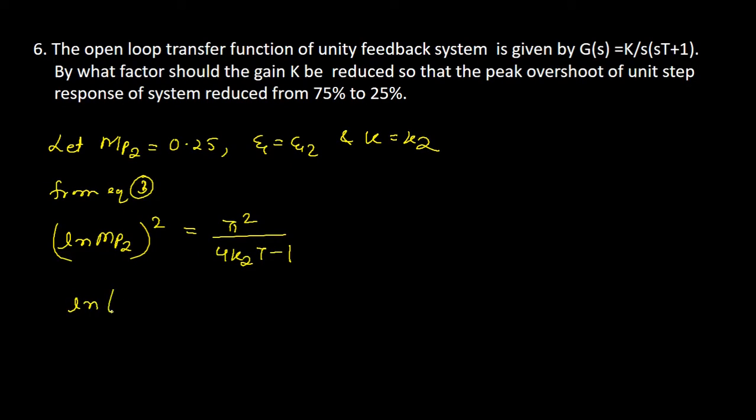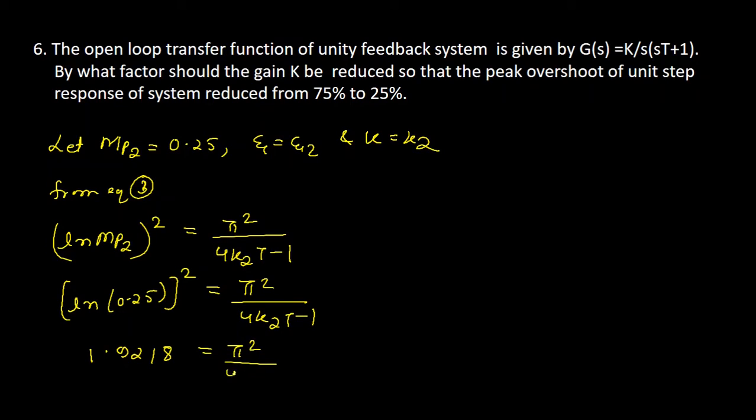We get (ln 0.25)² = π² divided by (4K2T − 1). This is equal to 1.9218 = π² divided by (4K2T − 1). When we solve this equation, we will get K2 = 1.534 divided by T. Let this be equation number y.